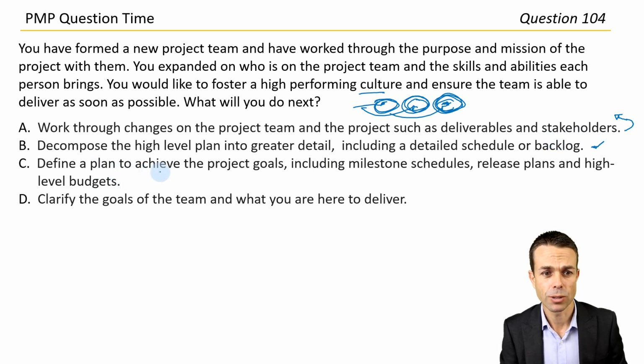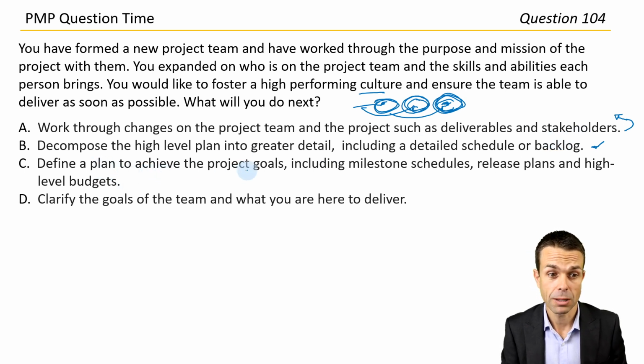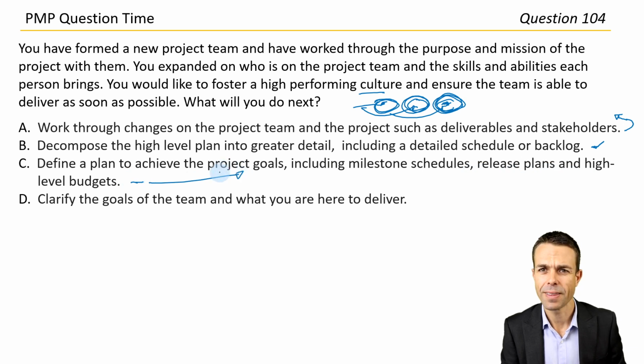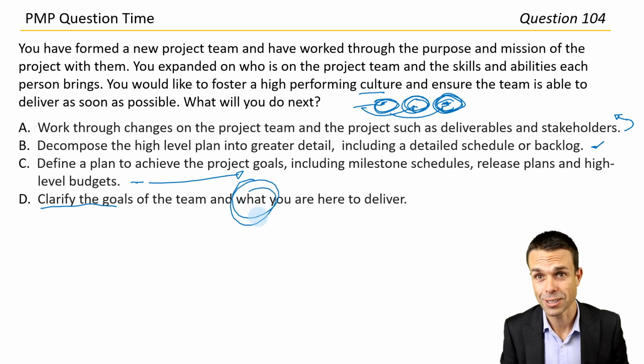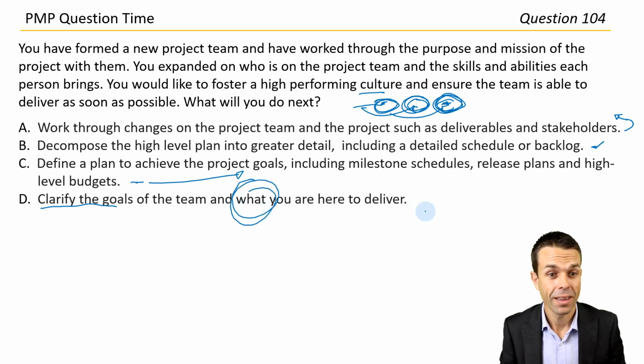Define a plan to achieve the project goals, maybe, including milestone schedules, release plans, and high-level budgets. Sure, plan to achieve the goals. And the last one, clarify the goals of the team and what you are here to deliver. Okay, the what. So what is it we're here to deliver? Once we've done that, then we do the plan.